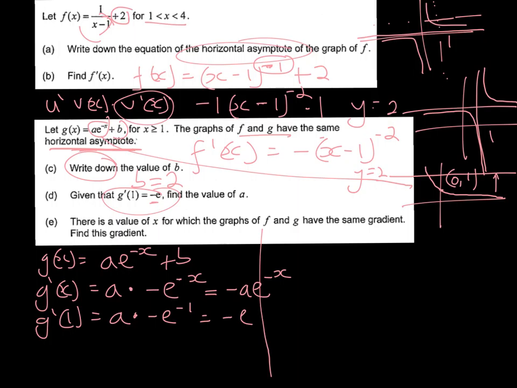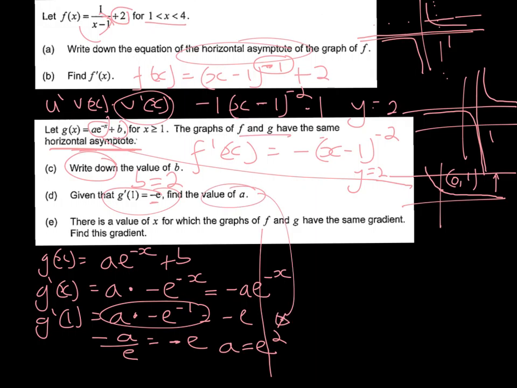So a multiplied by e to the negative 1, we can write this as negative a over e. So I've just rearranged this here, negative a over e, and we know that is the same as negative e. So therefore we can solve and we end up with a is going to be equal to e squared. So find the value of a is going to equal e squared.